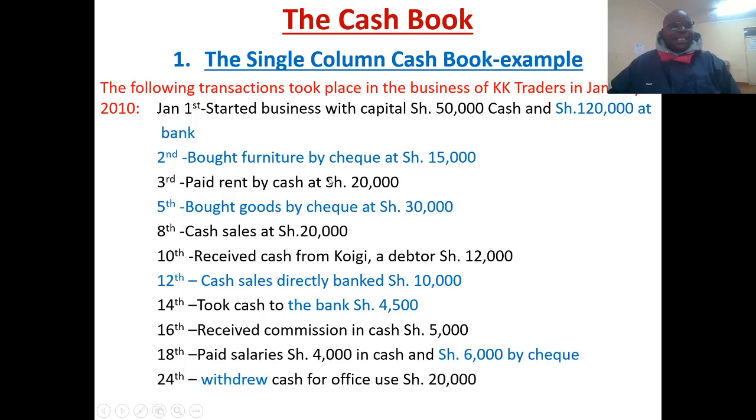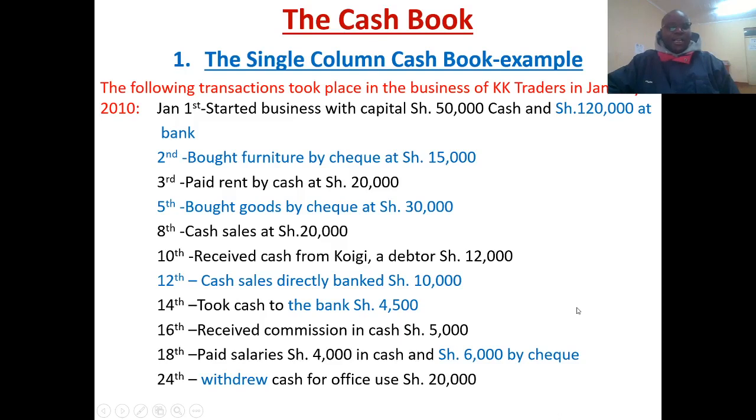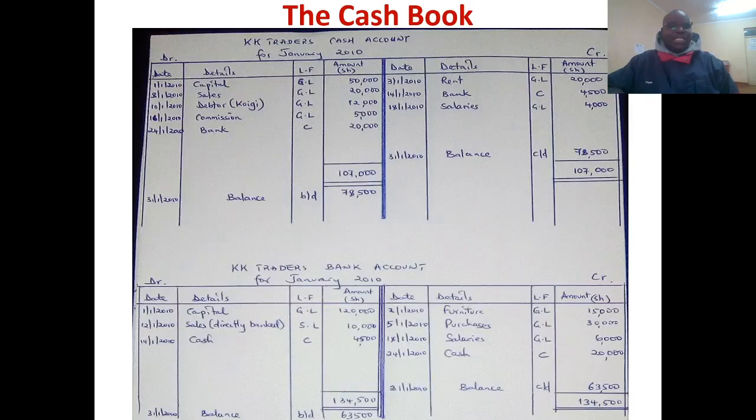On second, they bought furniture by check, which will appear in the bank account on the debit side. On first again, we have capital 120,000, which is in the bank.